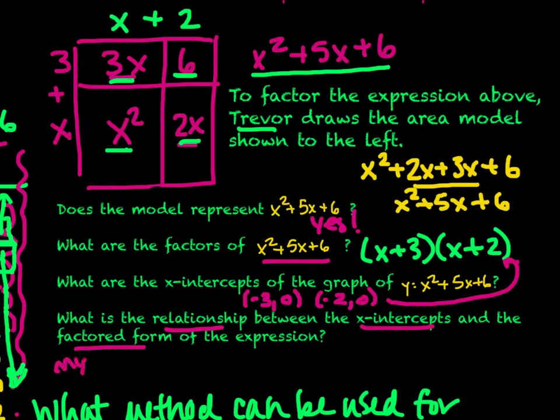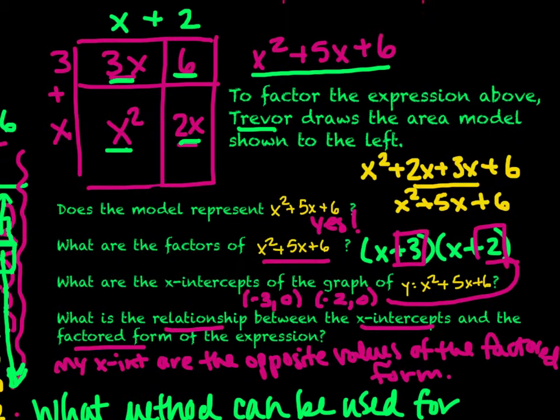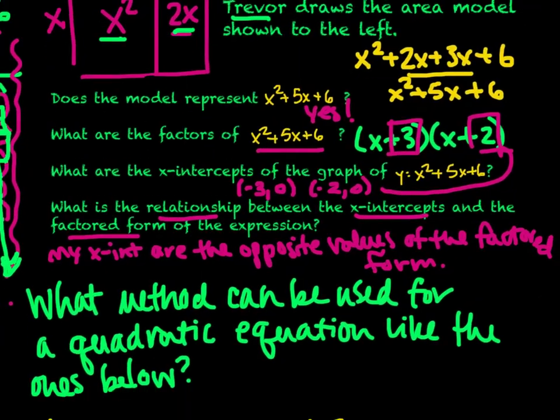My x-intercepts are the opposite values of the factored form. So if I look at that, -3 is exactly the opposite of a +3. -2 is exactly the opposite of +2.